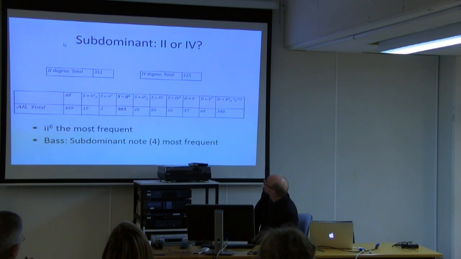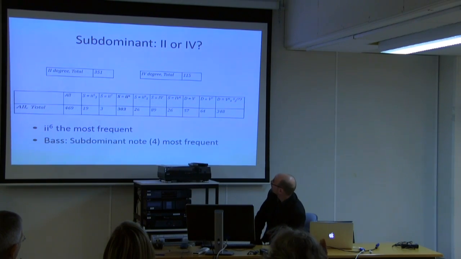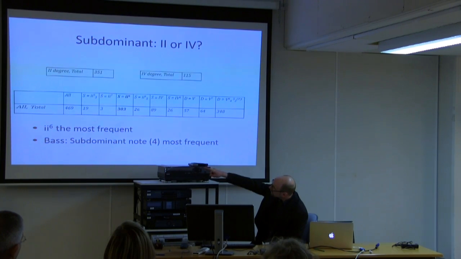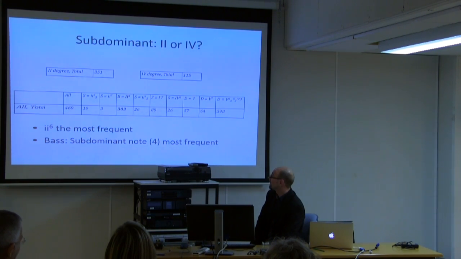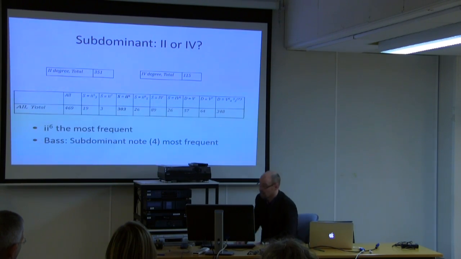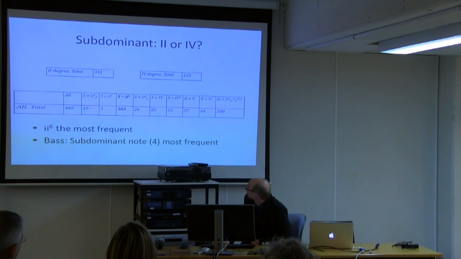Some results. For instance, subdominant usually is on the second degree instead of the fourth, and the 2-6 chord is the most frequent of them all. And on the bass, on the other hand, the subdominant note is the most frequent.